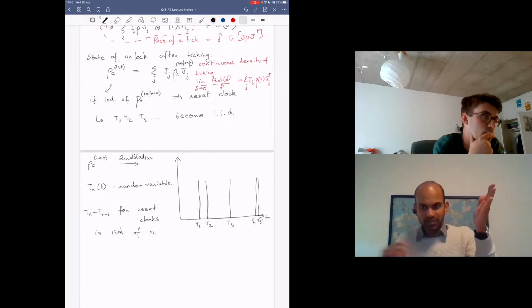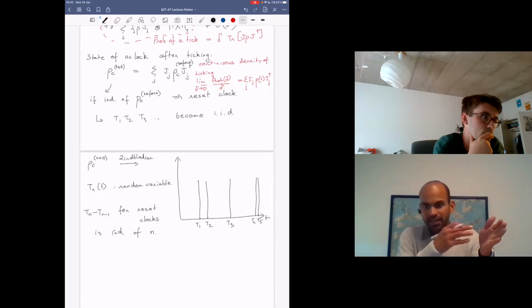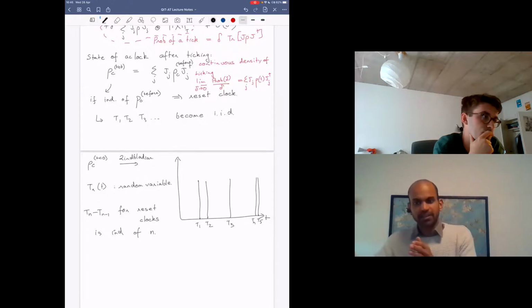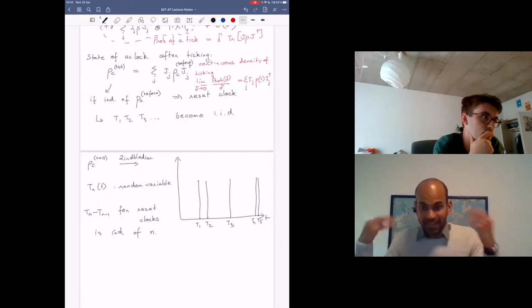Because after ticking, I always go back to the same state, and then I just repeat the same evolution as I had before. So whether we're looking at the time between the first and the second tick, or the second and the third tick, or the third and the fourth tick, the evolution is identical because we always started from the same initial state.